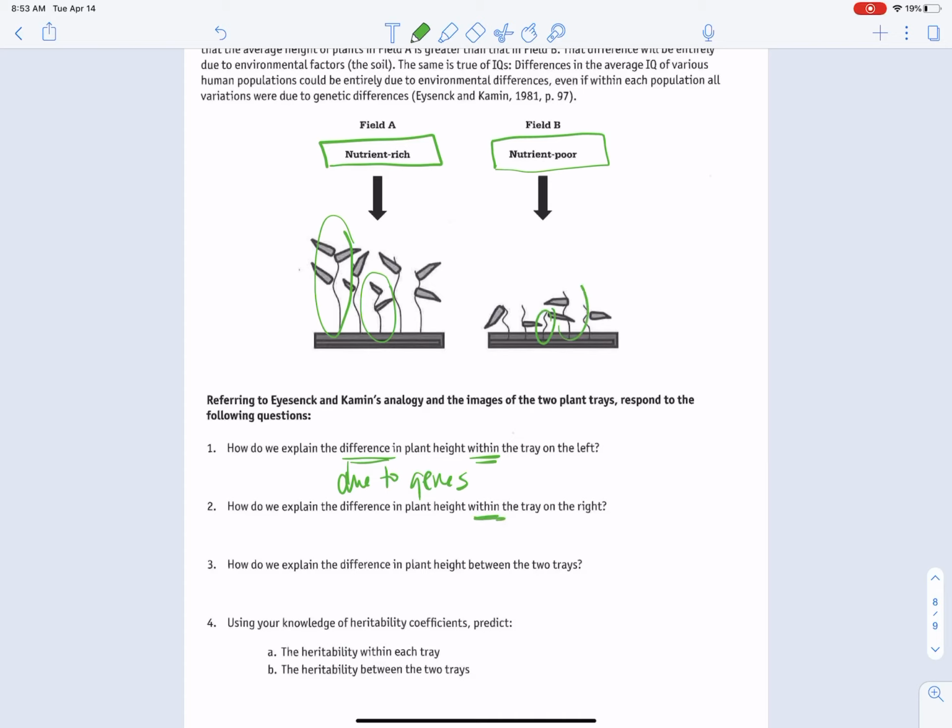Little plant, big plant. The difference between those would also be due to genes because they are raised in the same environment. How do we explain the difference in plant height between the two trays? Okay, these plants have grown higher than these, and the difference between them is due to the environment.